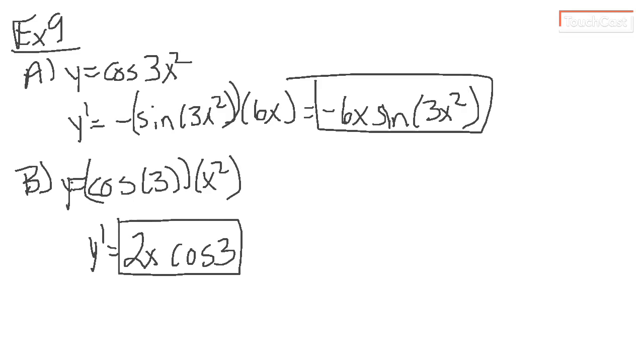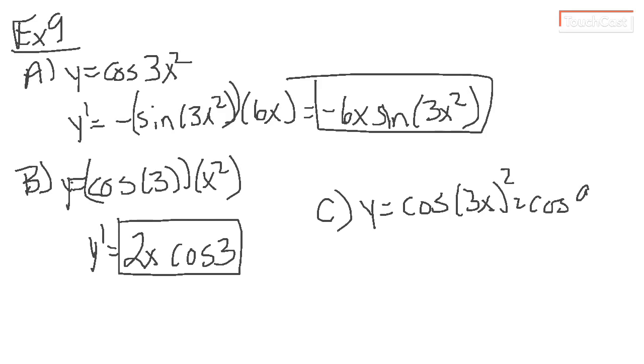I think we can fit c on here. C is going to be y equals cosine of 3x squared, which is the same thing as cosine of 9x squared. So we want to find the derivative of that.